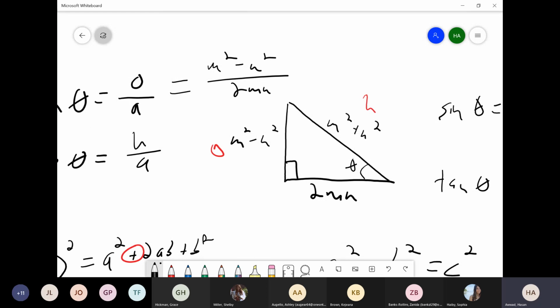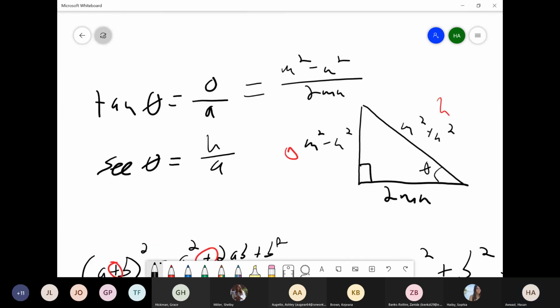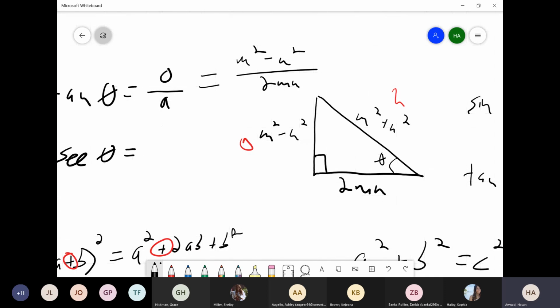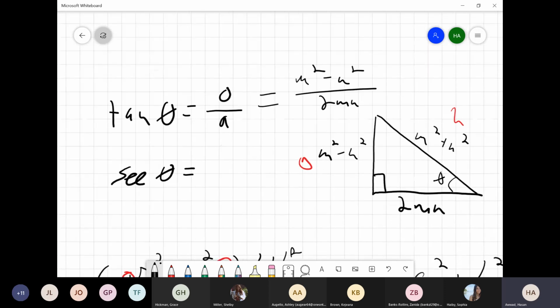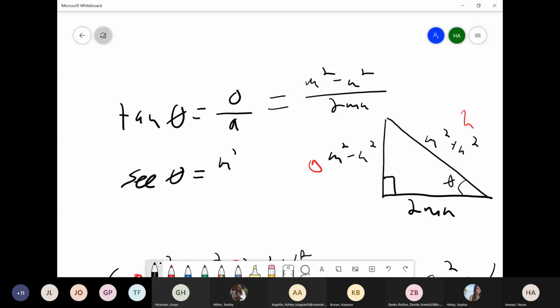So over 2 times m times n. Okay, I'm going to get rid of the relationship here just for the interest of space. But again, we're looking at hypotenuse over adjacent. So hypotenuse over adjacent, we know the hypotenuse that was given to us. So that's the m squared plus n squared. And this is all over the adjacent piece, which we just solved for. So 2 times m times n.